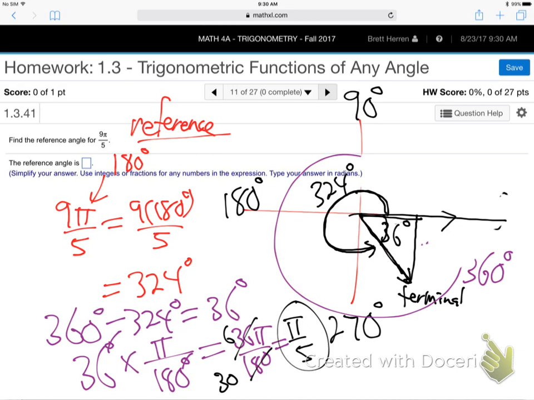So the sine and the cosine and the tangent, all the rest are going to be the same. It's the same triangle, just in a different quadrant. The reference angle will always be on the x-axis. So why we're into reference angles is because they're easier to deal with and they give us all the same answers for the 6 trig functions. All right, I probably beat that horse enough. You got it.